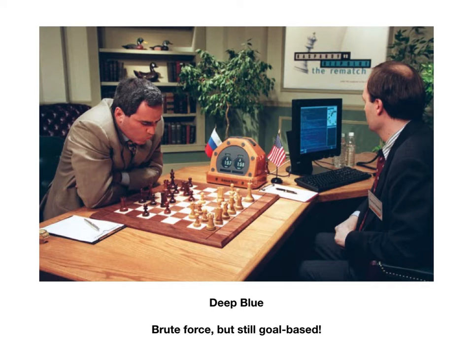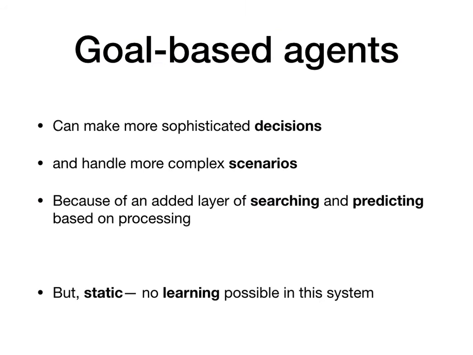So, okay, goal-based agents. Goal-based agents can make sophisticated decisions. They actually can decide things, not just like reflexes where they just act automatically, but they can make actual decisions in the world. And they can handle more complex scenarios. As the world gets more complicated, we need better ways of navigating all the possible options, right?